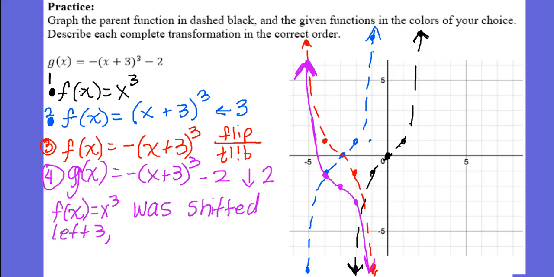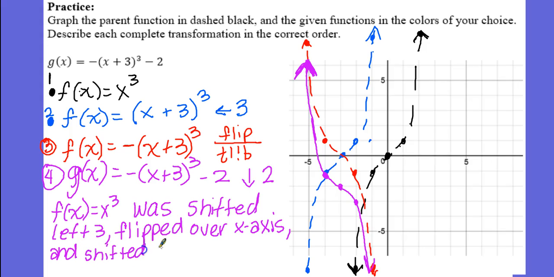That was our first step. Then reflected over, okay, I'll write flipped since you said flip. Flipped over x-axis, okay, comma, and finally shifted down 2.